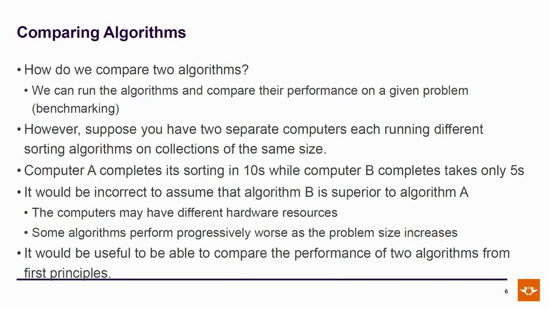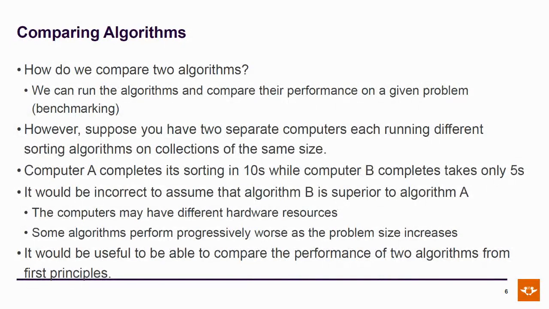All right, but let's say you've got two separate computers and they're each running different sorting algorithms on collections of the same size. So if computer A completes its sorting in 10 seconds, while computer B completes it in only 5 seconds, it would be incorrect to assume that B is superior to A. Because, like I said, the computers might have different hardware resources, and some algorithms perform much worse as the problem size gets bigger.